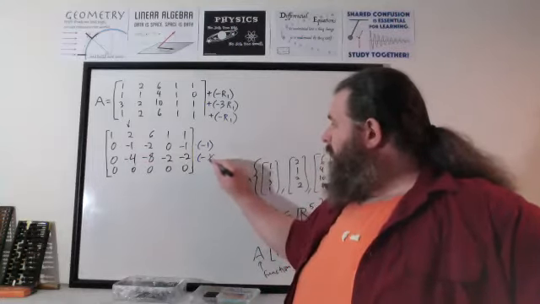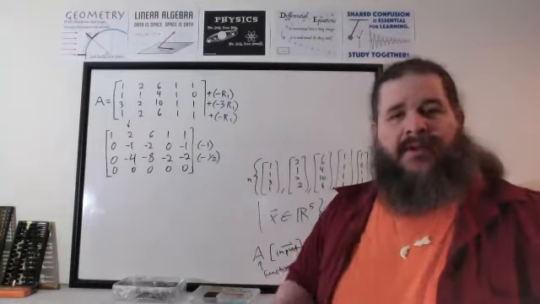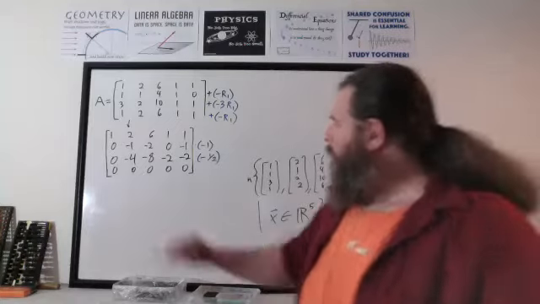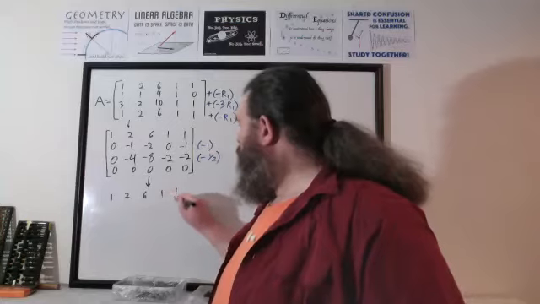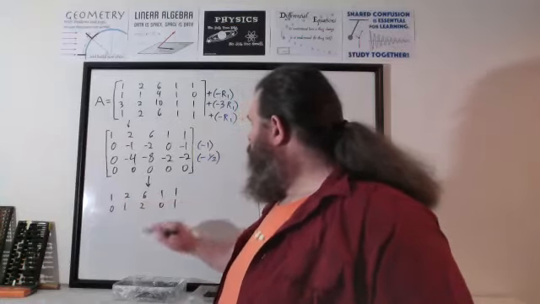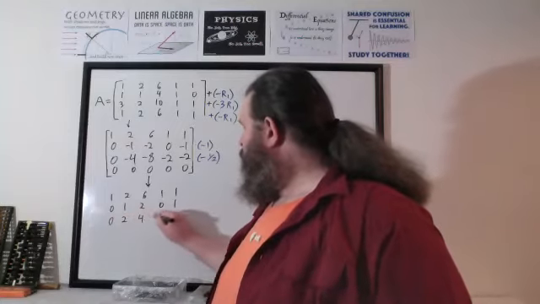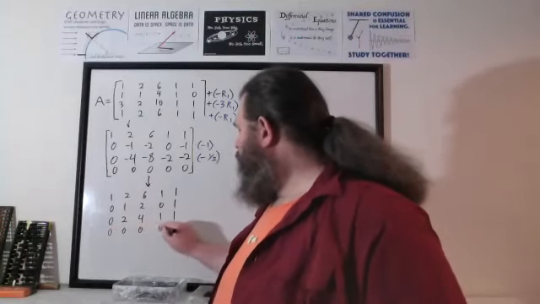So multiply by -1/2. And this is not really a necessary step, but it tidies up the numbers and is going to make the next steps easier, I think. So we've got the first row unchanged. Second row, we're just multiplying by -1. Third row, we're multiplying by -1/2. And the fourth row is still all zeros.